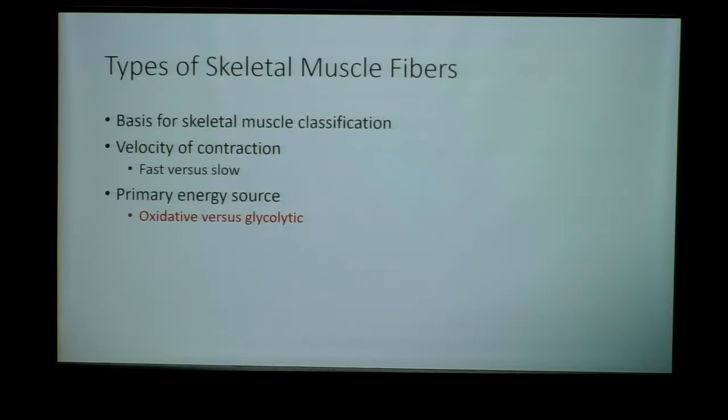Or it can be a glycolytic fiber. And what do you think the main source there is? Glucose. What process though? Glycolysis, right? Anaerobic glycolysis. So we don't need oxygen here. So these are the bases of how we distinguish different muscle fiber types: based upon the speed of their contraction, that's the first name, and then based upon its primary energy source, that's sort of the second name.